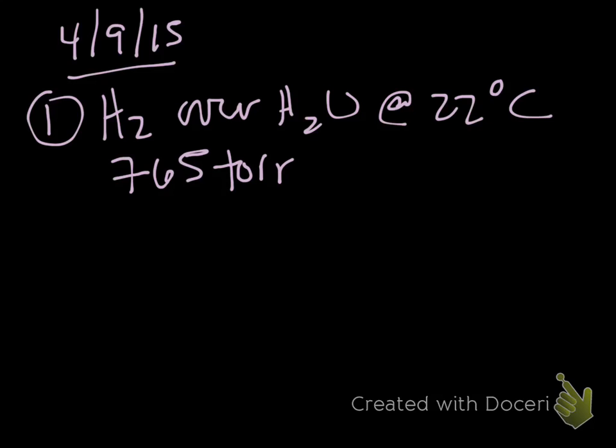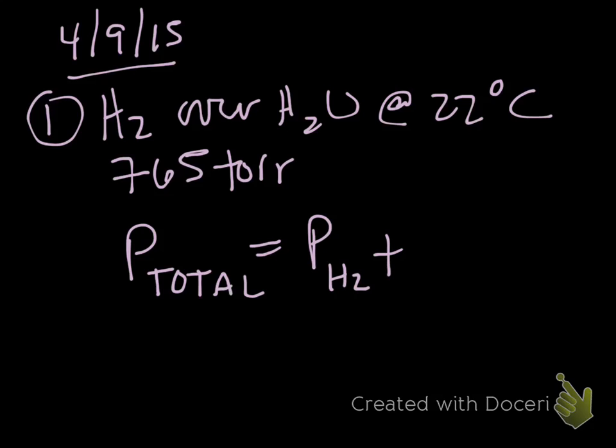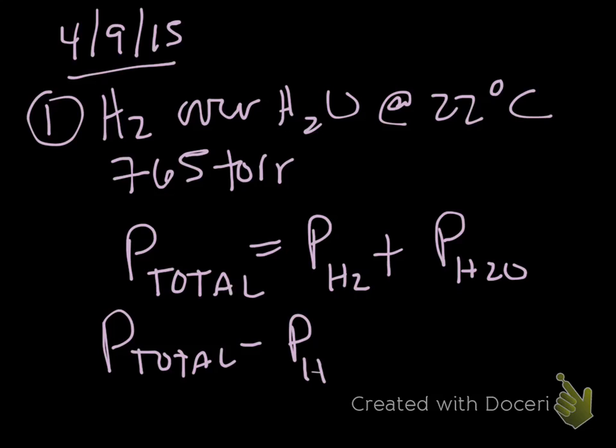So this is just a simple look up and subtract, because you know that the total pressure is equal to the pressure of the hydrogen plus whatever partial water pressure has crept in there. So P total minus pH2O gives you your pressure of the hydrogen.